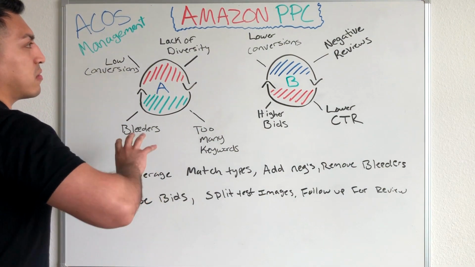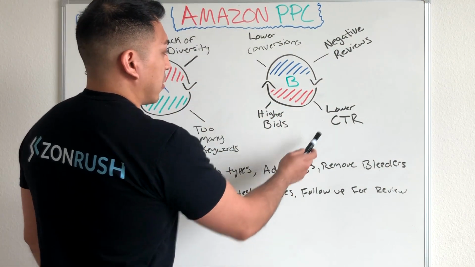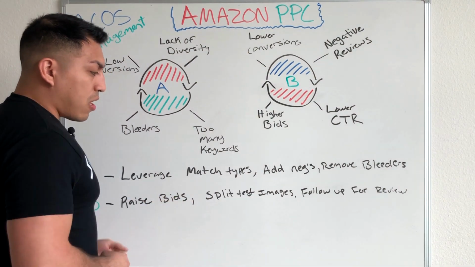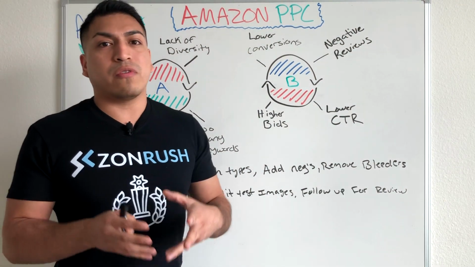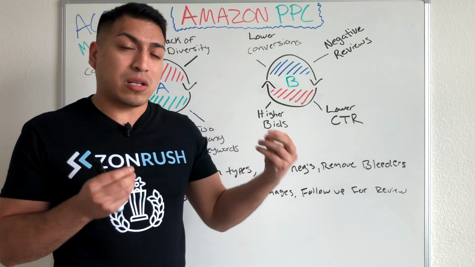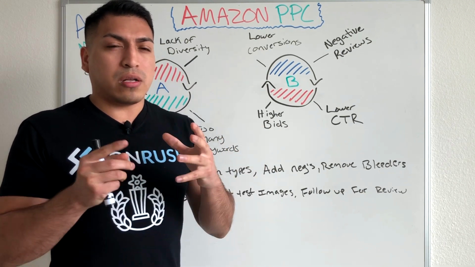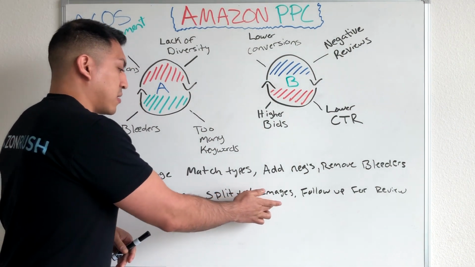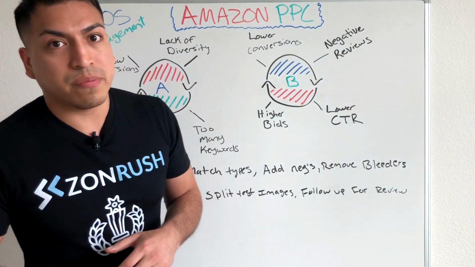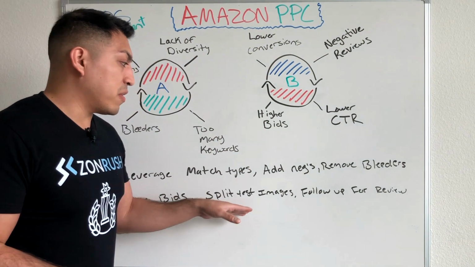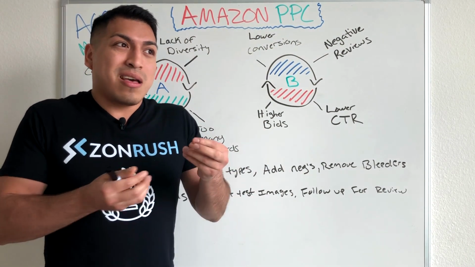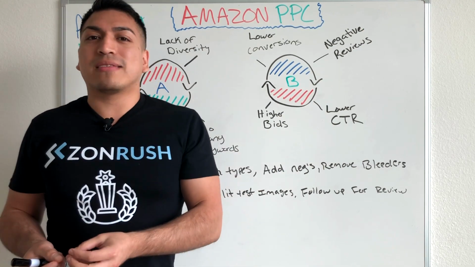Another thing that will also feed into a lower click-through rate is your images. So if from the get-go you've had a product that has low conversions or a low click-through rate, consider split testing your main image. Maybe your product has everything the customer wants, but the image hasn't enticed them enough.